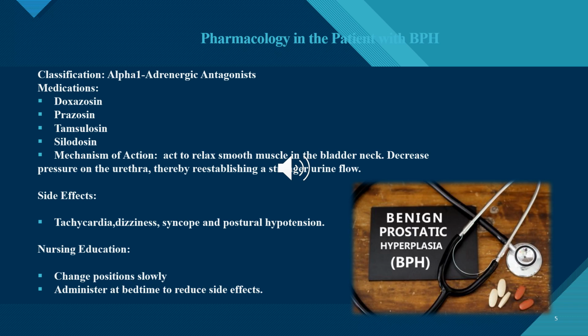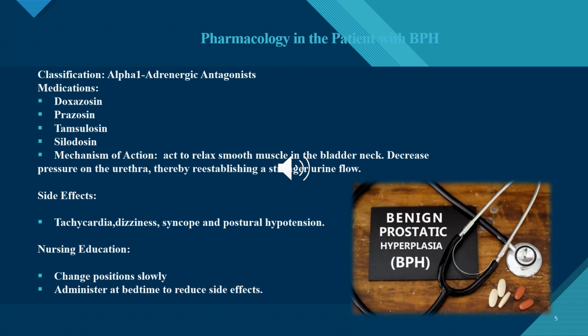This medication works to relax the smooth muscle in the bladder neck. Basically it works by relaxing the detrusor muscle, decreasing pressure on the urethra, thereby reestablishing a stronger urine flow. The main side effect is tachycardia. The patient will be dizzy if the blood pressure is low, and they can faint.